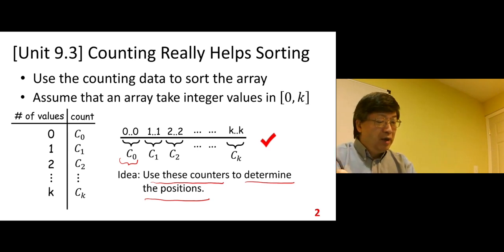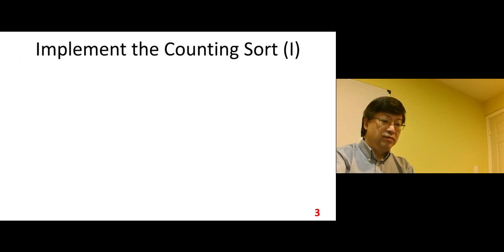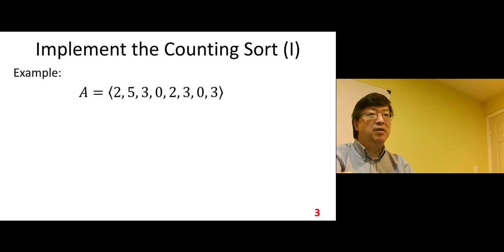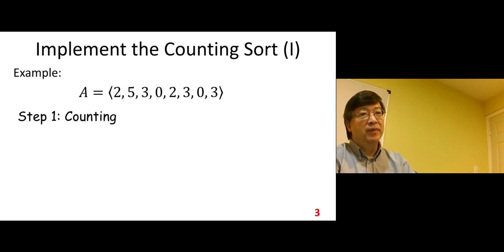Next, we need to fix all the details of the solution. Implementation, part 1. Now we can use a simple example like this. Very simple. Step 1, the counting step.